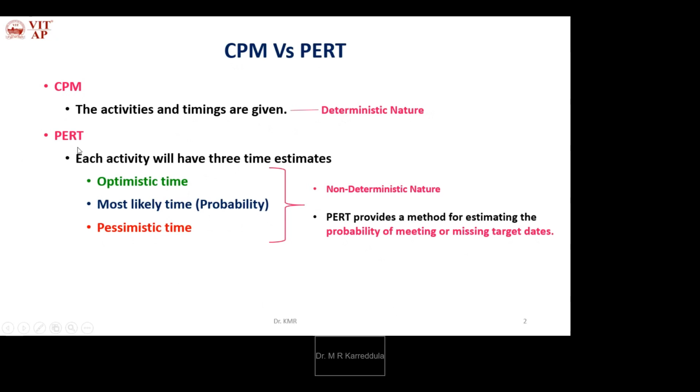That is what we estimate in PERT. Whereas in CPM we calculate the various project tasks' start time and end time, in PERT we calculate the probability, that is, the chances of finishing the project task by the given target date.